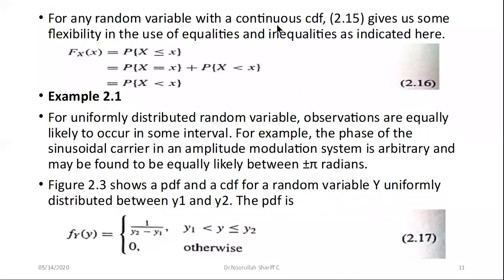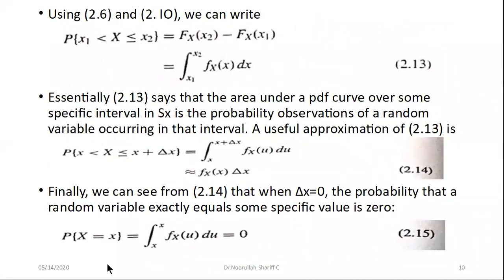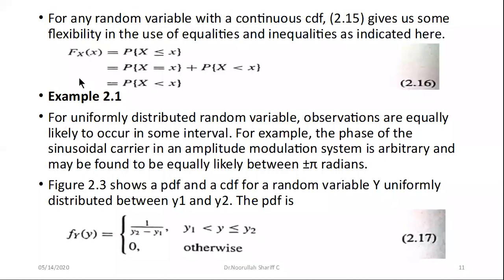For any random variable with a continuous CDF, 2.15 gives us some flexibility in the use of equalities and inequalities, and this is true for the continuous case. It might not be true for a discrete case. Equality means equal to, inequality means less than or equal to or greater than or equal to.